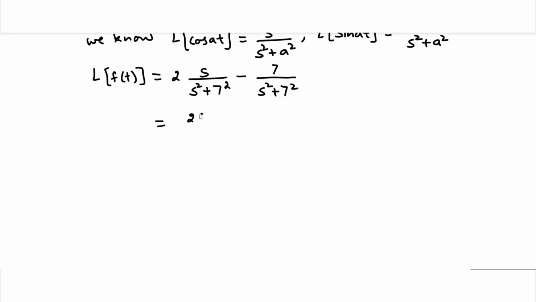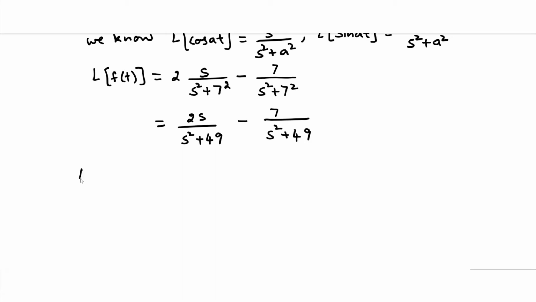Further simplifying, this becomes 2s by s square plus 49 minus 7 divided by s square plus 49. So you got L of f of t.